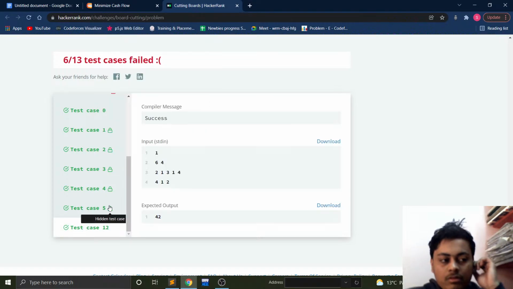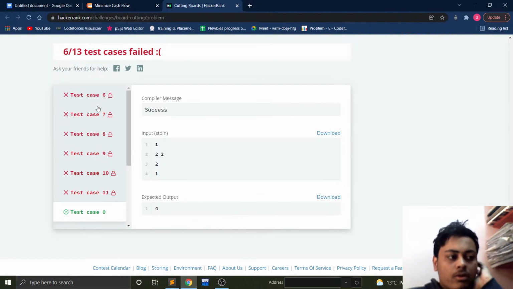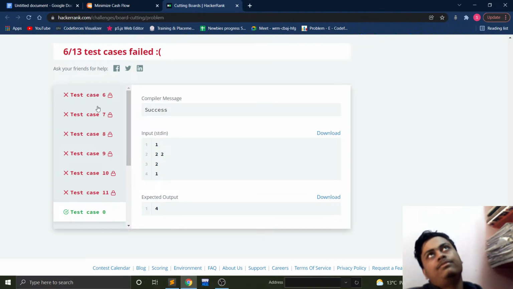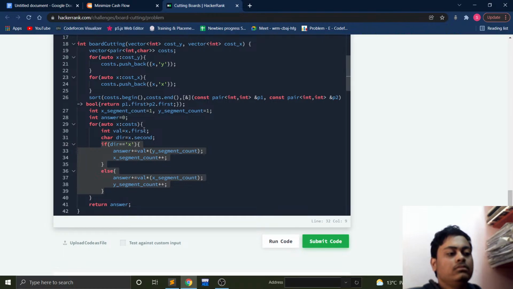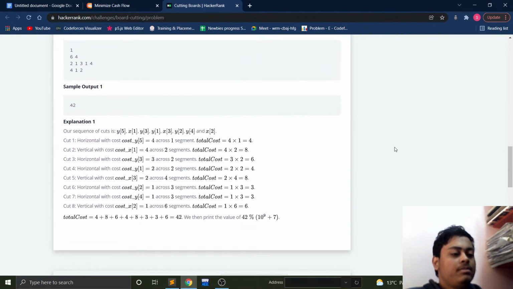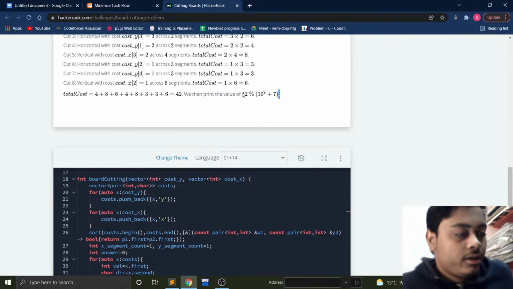Test 12. That is working fine. This one's working fine. What is going wrong? Do I have any unlocked one? No. What is wrong? The constraints maybe mod. Yep. I missed the mod condition as well.